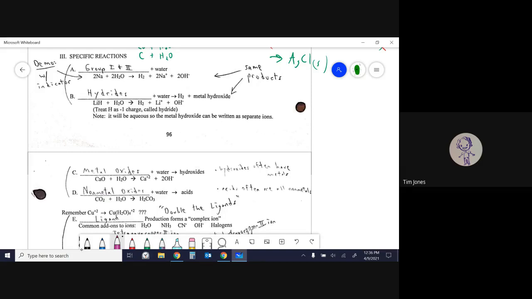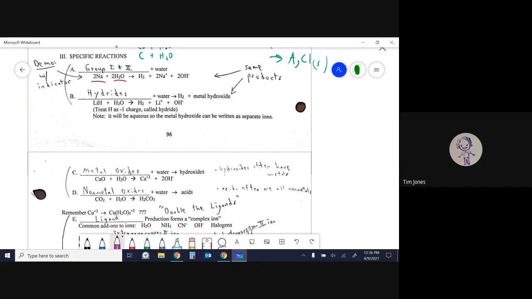If you put group 1 or group 2 metals in water, they react. Of course, group 1 in water is the famous demonstration. Put sodium or potassium in water and it fizzes, maybe it catches on fire, and if you put too big a piece, it explodes. Well, what's happening here is a redox reaction between the metal and the water.